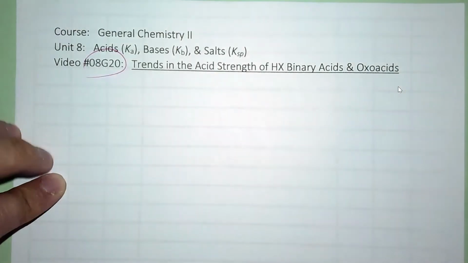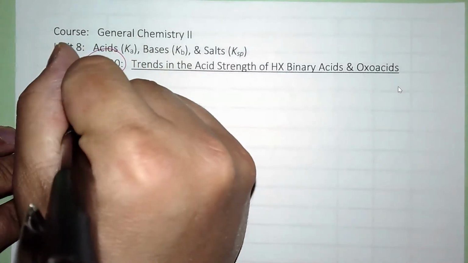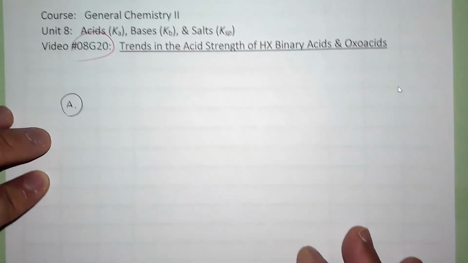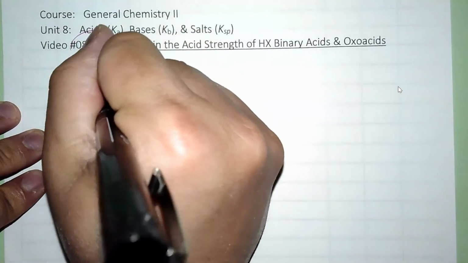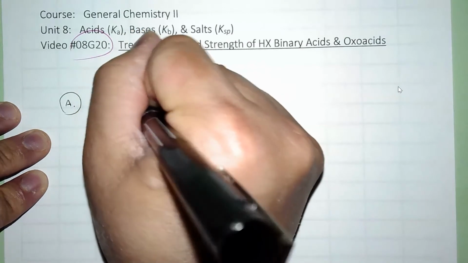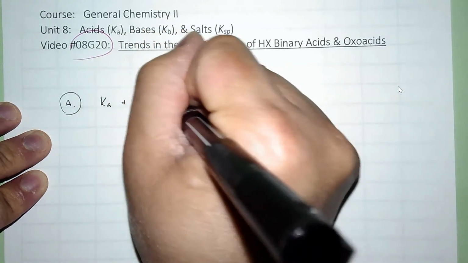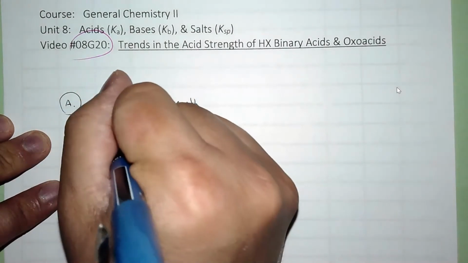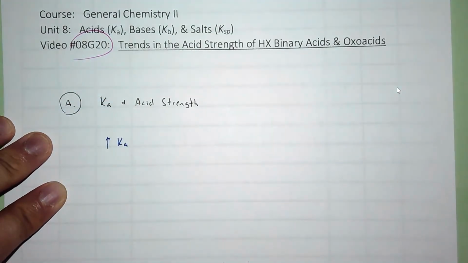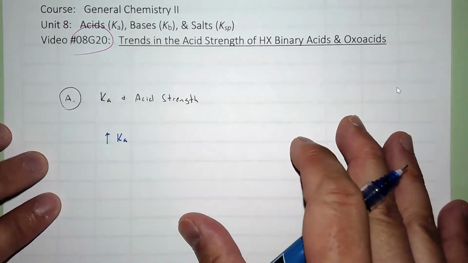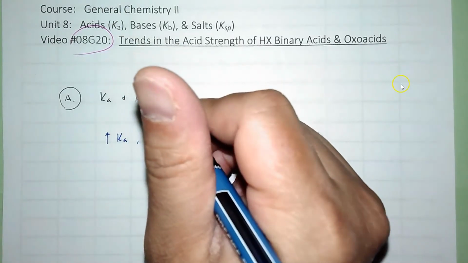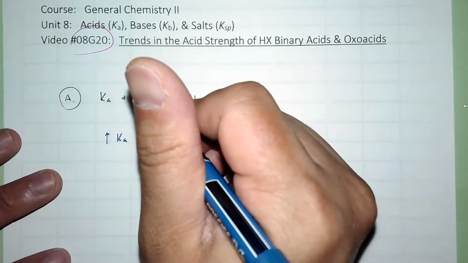We're going to be focusing mainly on binary acids and oxoacids. Now, let's start with the idea of Ka and how it relates to acid strength. We know that the larger the Ka, the more products relative to reactants, the more apt that acid is to dissociate.